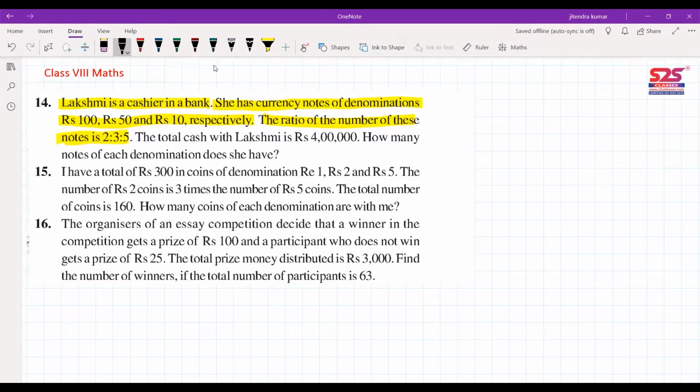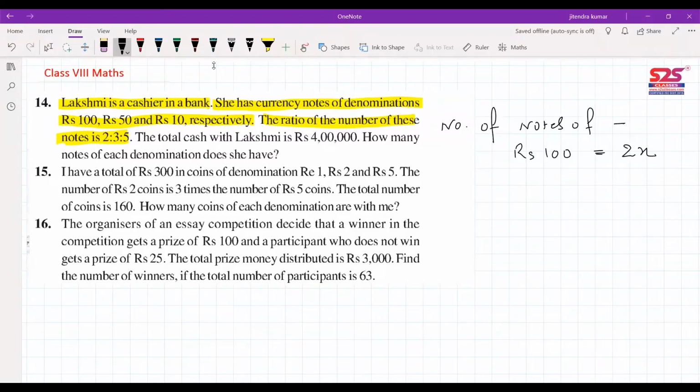As we have discussed in the last class, we are going to consider the number of notes of rupees 100 is equal to how much? x. How much will it be? 2x. Right, here the ratio is given 2 is to 3 is to 5.